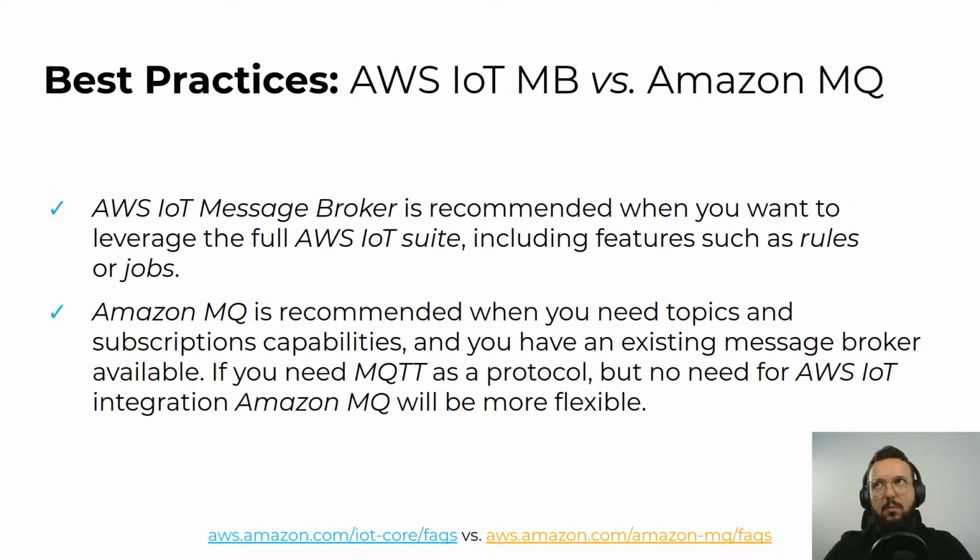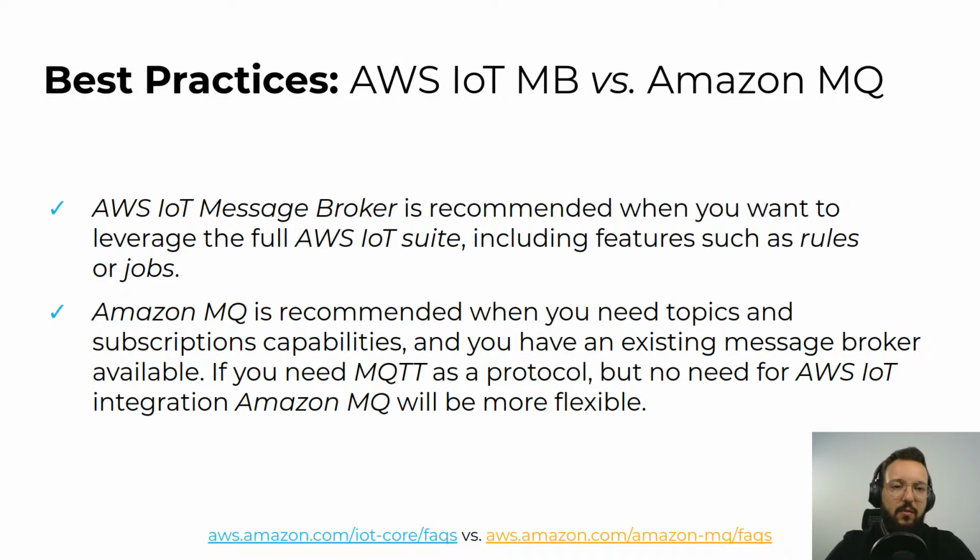Here is probably the most problematic service to compare with: Amazon MQ versus IoT Message Broker. Both support MQTT. And what is the difference between those two? Once again, if you need just the MQTT protocol, but there's no need for Internet of Things capabilities, or you need quality of service level 2, or you need additional things, but you don't want to focus solely on the IoT use case, Amazon MQ will be the more flexible solution.